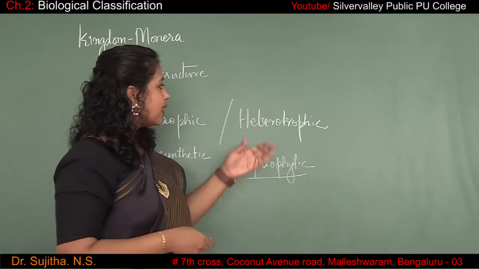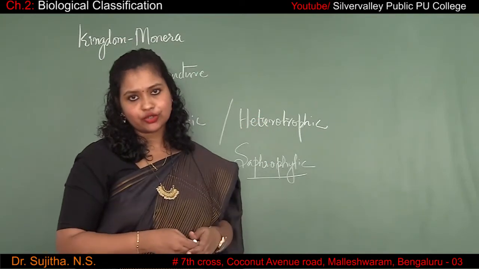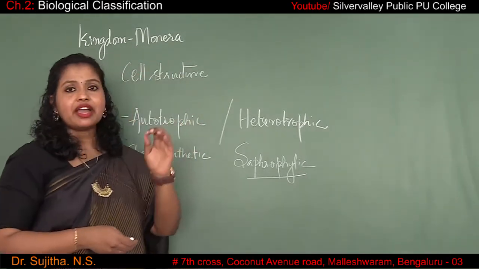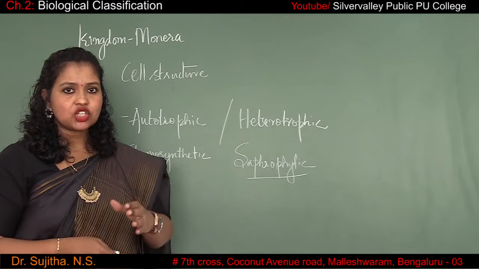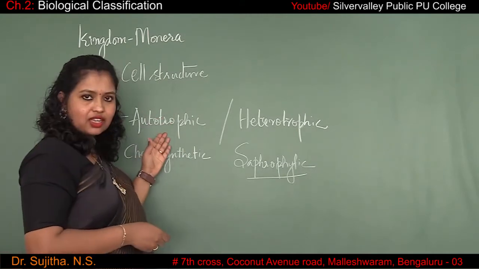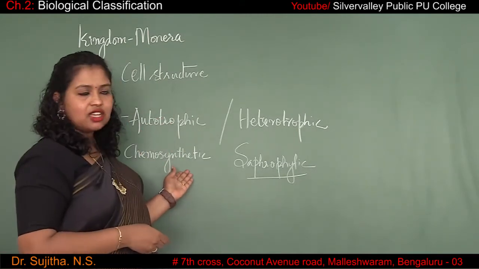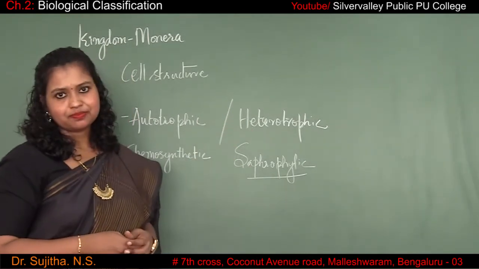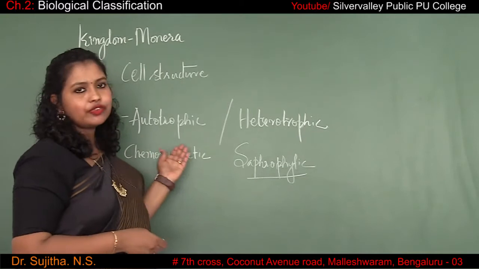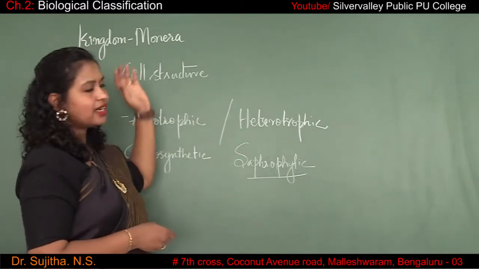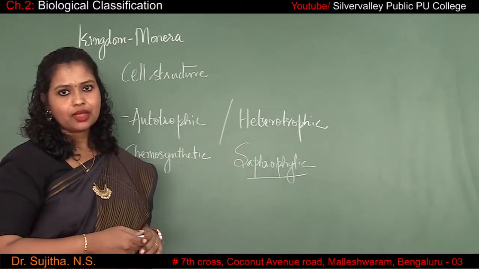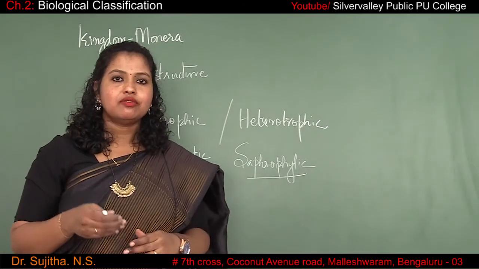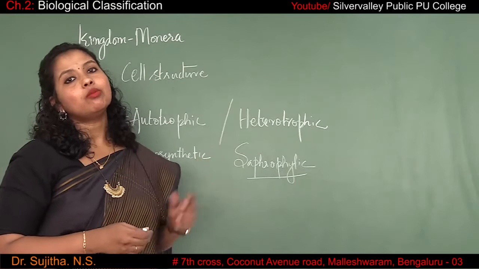So this is called the heterotrophic mode of nutrition. Under kingdom Monera, you can find organisms which are autotrophic, chemosynthetic, heterotrophic, and saprophytic. So this is the mode of nutrition under kingdom Monera, and these are the characteristic features present in kingdom Monera.